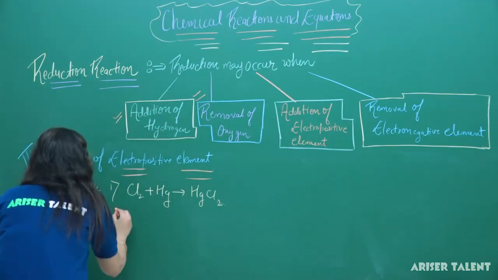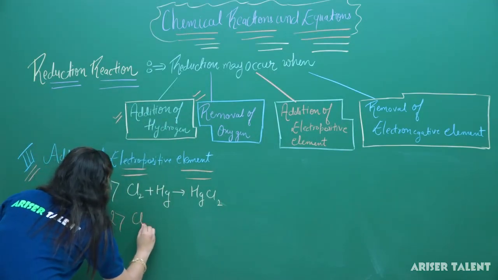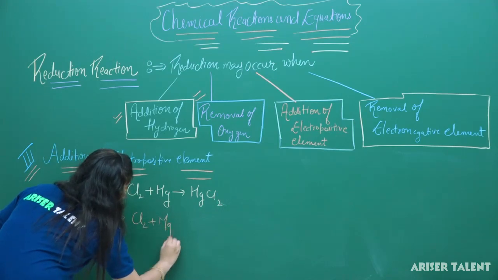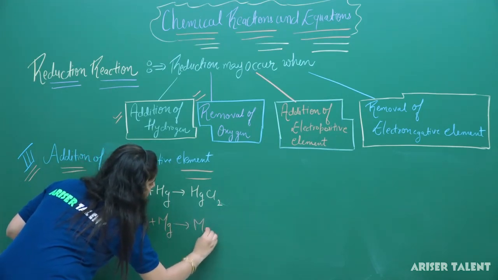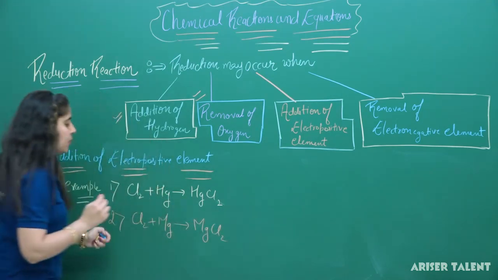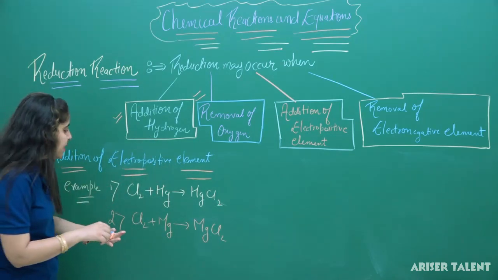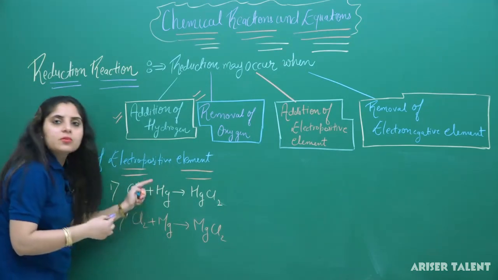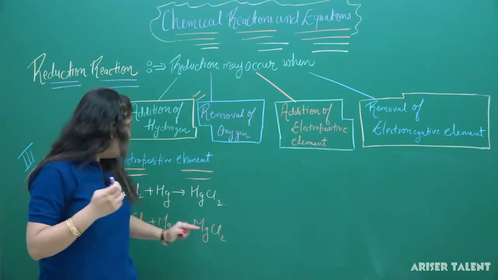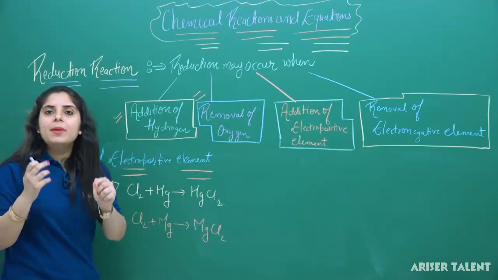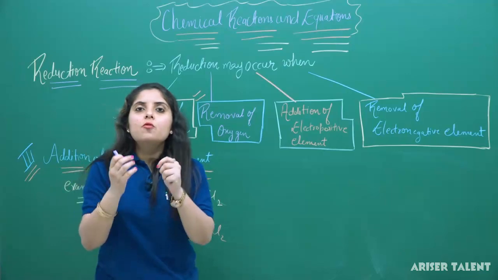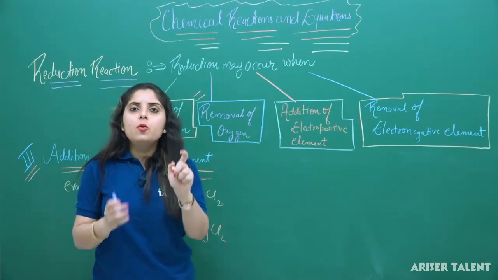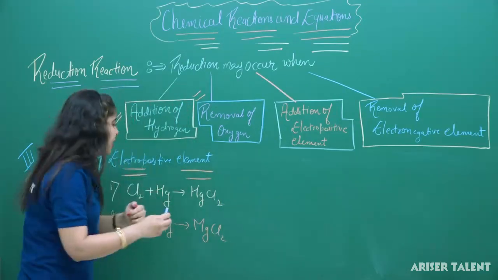If I consider another example, Cl2 plus Mg, I will get MgCl2. So what happens in these two cases? See here, Hg is the symbol for mercury, and Mg is the symbol for magnesium, and in both cases an electropositive element is added in the reaction.